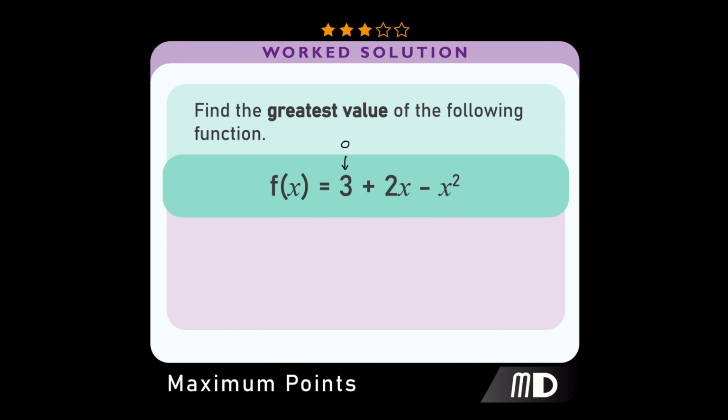To differentiate the 2x term, we multiply the coefficient 2 by the exponent of x, which is 1, and decrease the exponent, which is 1, by 1 to become 0, which gives us the term 2.